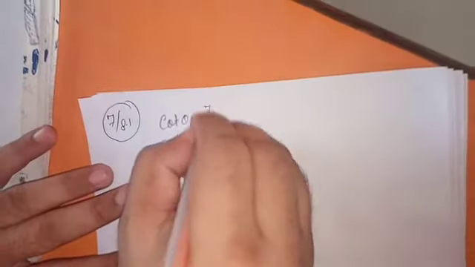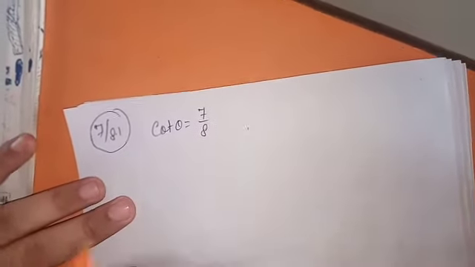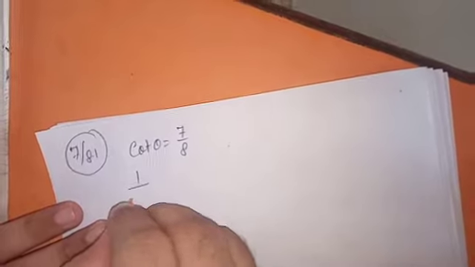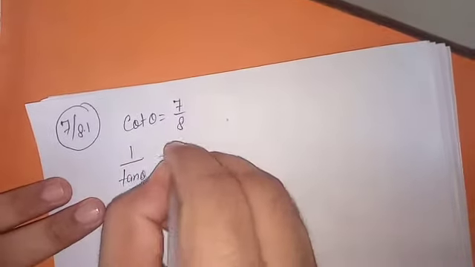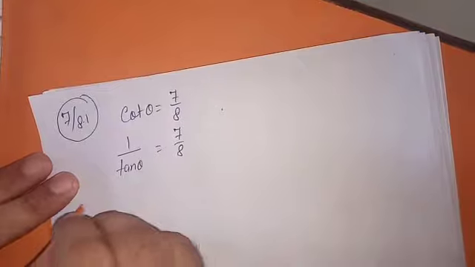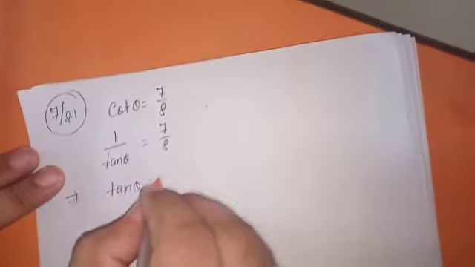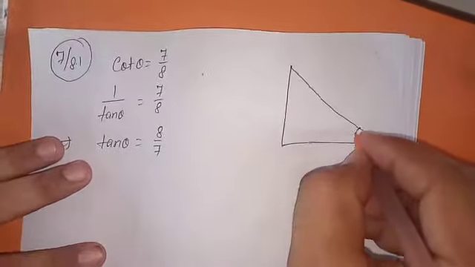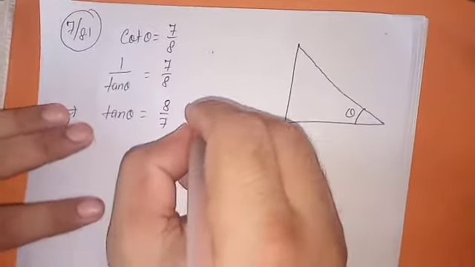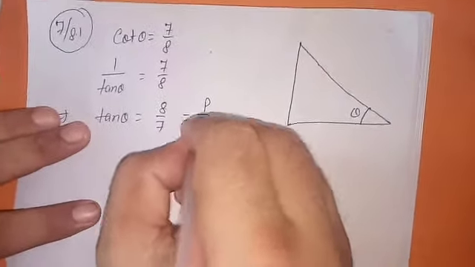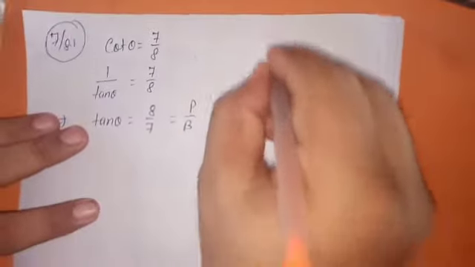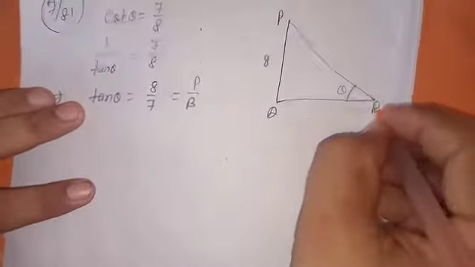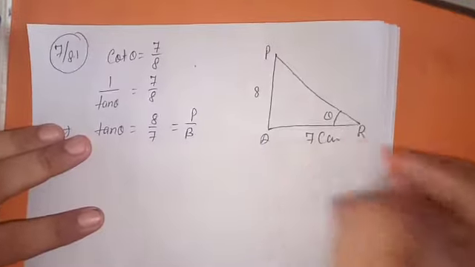It's given cotangent of theta equal to 7 by 8. So you can say 1 by tangent theta equal to 7 by 8, which implies tangent theta equal to 8 by 7. Make a triangle, theta is the angle, and you know tangent theta is perpendicular by base, so the opposite side is perpendicular. This is 8 centimeter and this is 7 centimeter.